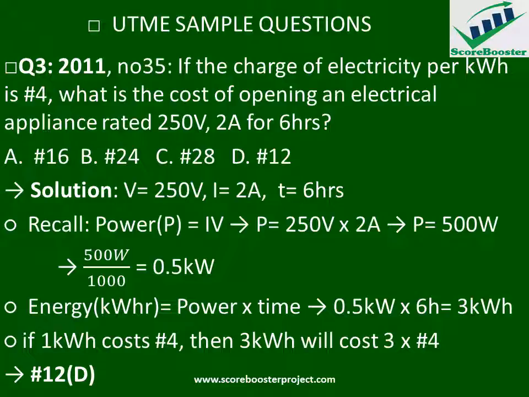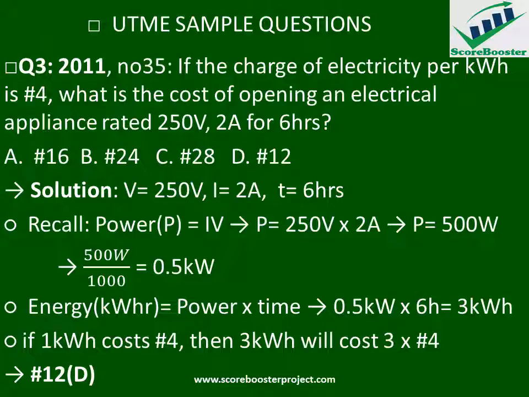Now that we have our power in watts, the next step is to convert it to kilowatt by dividing by 1000. So 500 watt will be equal to 500 divided by 1000 kilowatts, and that will give us 0.5 kilowatt. Now that we have it in kilowatt, the next thing is to multiply it by our time in hours.